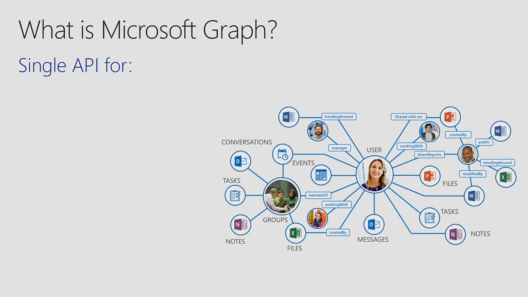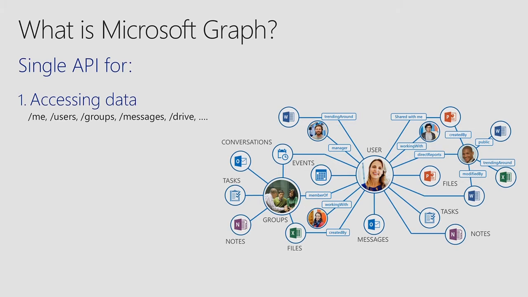Okay, so what is the graph? It's a single API that tries to reach across all the services that Microsoft has to offer. It's a single API for accessing data, whether that be Outlook data, mail, appointments, OneDrive, files, metadata, SharePoint, things like that.